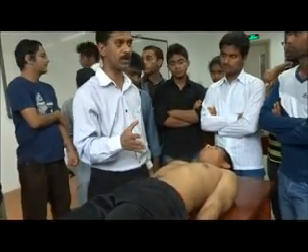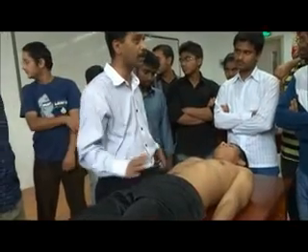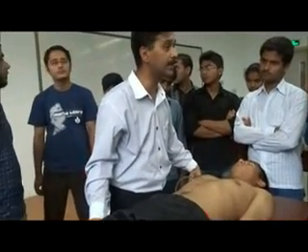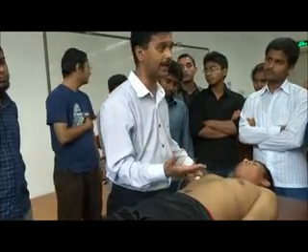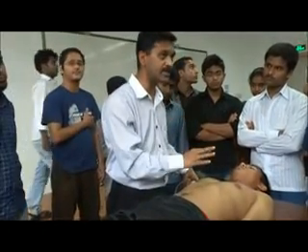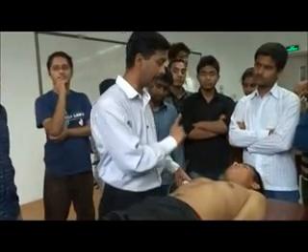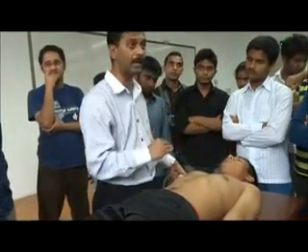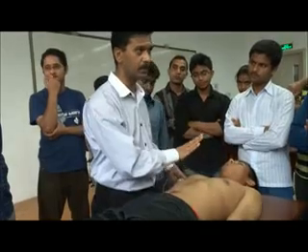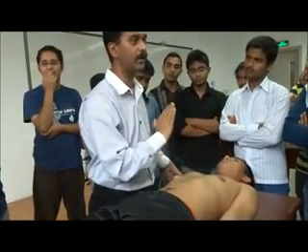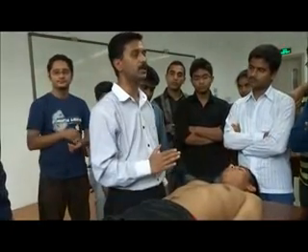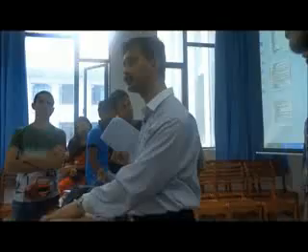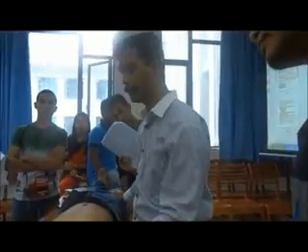To check the mid-diastolic murmur, the patient should be in the left lateral position, and we check with the bell of the stethoscope, with the breath held after expiration.